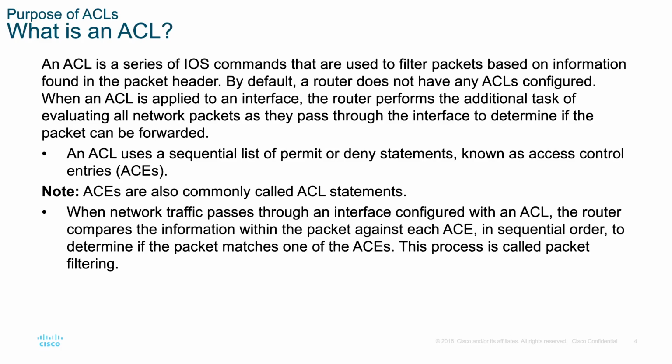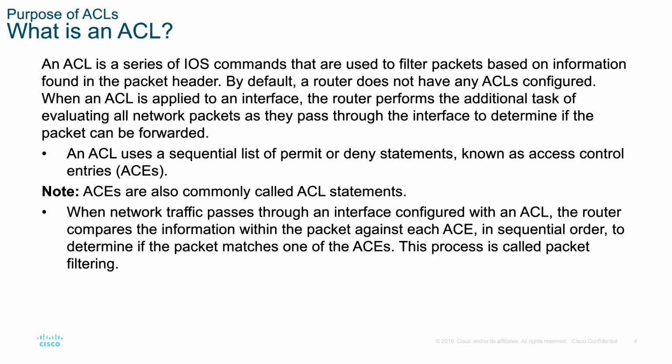And how this works is, as the traffic enters an interface that has an ACL active, it will compare the headers of the traffic to its conditional programs. The way it does this is via sequential order.